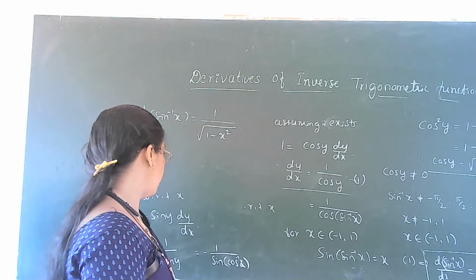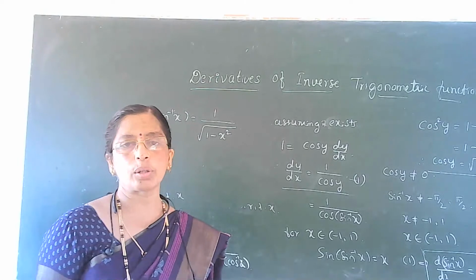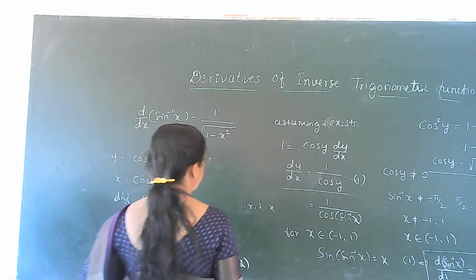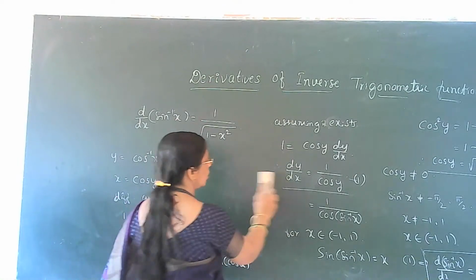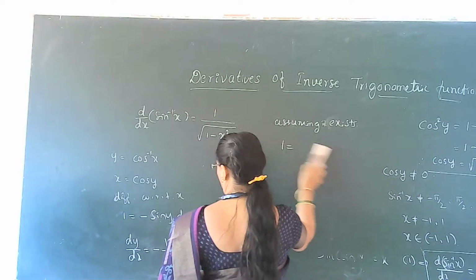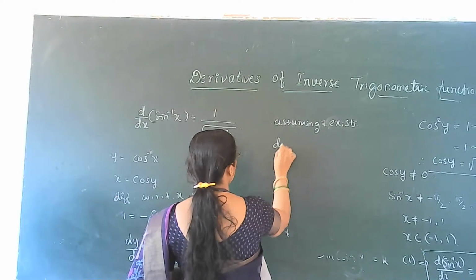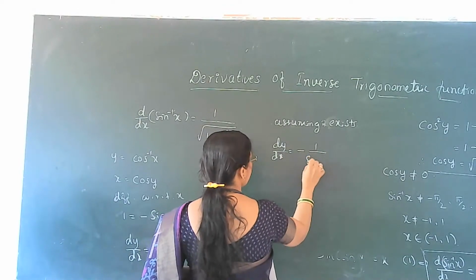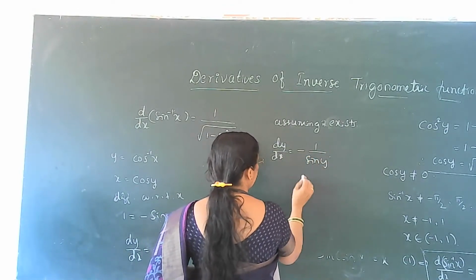Sin of 0 is 0 and sin of pi is also 0. Beyond these two, we can find the derivative of this function. Then dy by dx is equal to minus 1 by sin y.